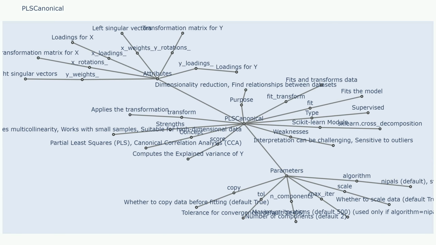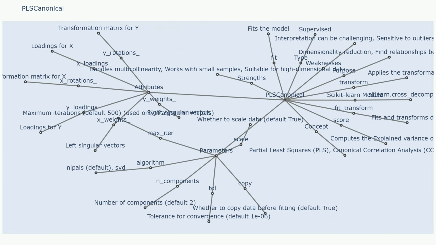1. Principle of PLSCanonical. Goal: find linear combinations of features from two datasets X and Y that are maximally correlated with each other. Process: it iteratively extracts latent variables, LVs, which represent underlying relationships between the two datasets.